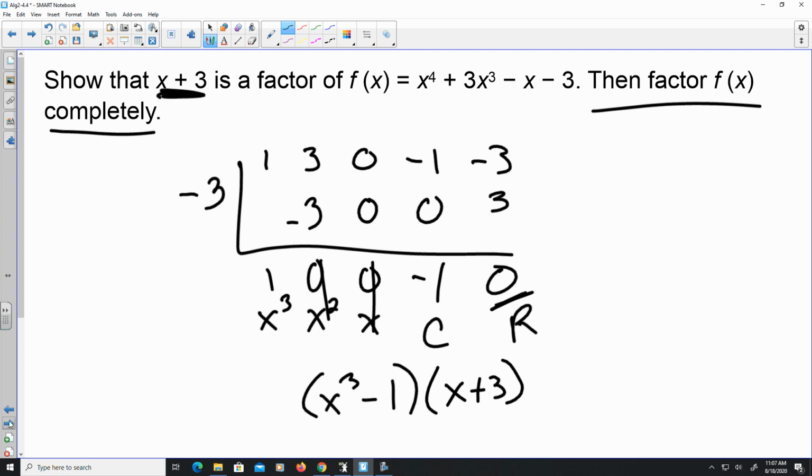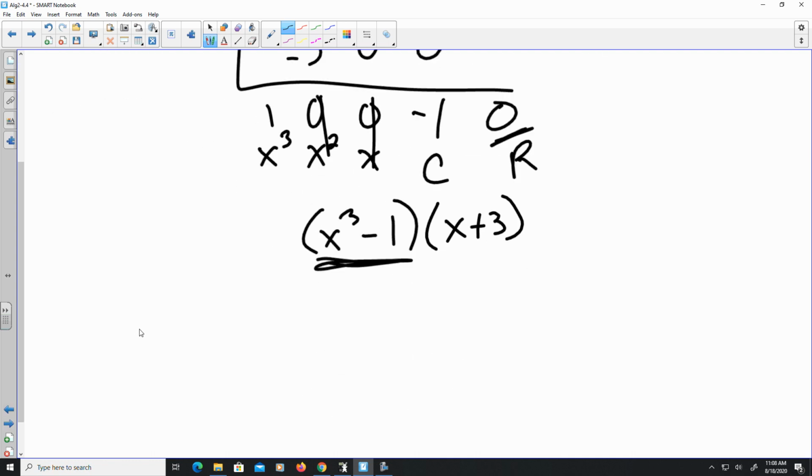Because they wanted you to factor it out completely, we have to make sure that we didn't miss anything. All right, the x plus 3, that's shown right from there. But what we have here is the difference of two cubes, because the cube root of x cubed is x, and the cube root of 1 is 1.